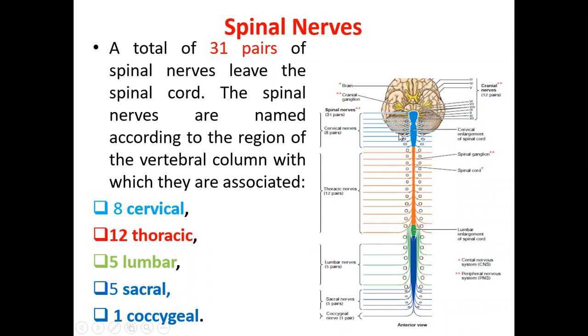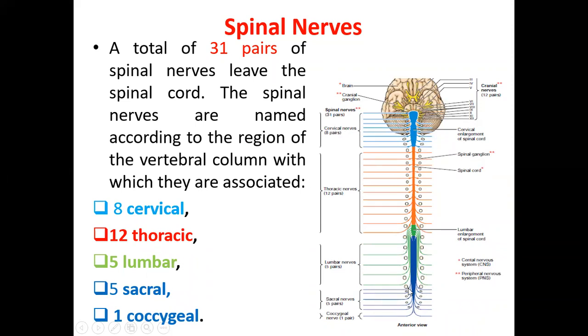So in case of the neck, there will be cervical vertebrae. So 8 cervical nerves will be coming out here. Here the thoracic vertebrae, so the nerves coming will be the thoracic nerves. There will be 12 pairs of thoracic nerves. Then here there will be lumbar vertebrae, so the nerves coming out will be the lumbar nerves. There are five pairs of lumbar nerves. All are in pairs.